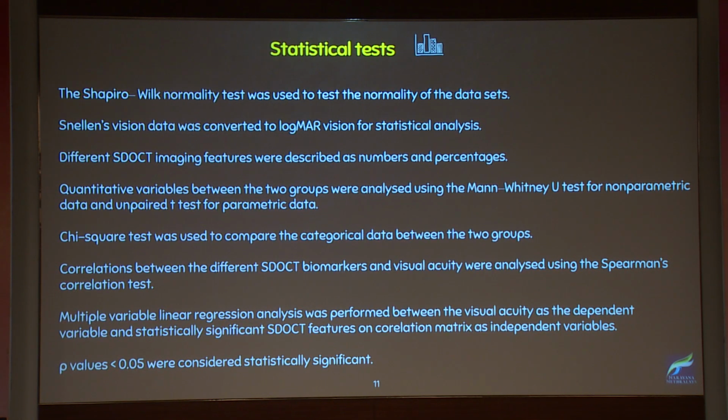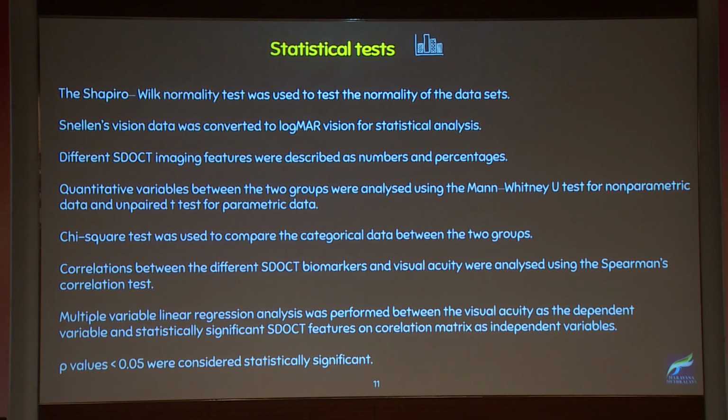Here in our study we applied the following statistical tests. The Shapiro-Wilk test was used to test the normality of the data, and Snellen's vision data was converted into logMAR. For the OCT imaging features we gave numbers and percentages, and the quantitative variables between the two groups were analyzed by the Mann-Whitney U test for non-parametric data and the unpaired t test for parametric data, and the chi-square test was used to compare categorical data between the two groups.